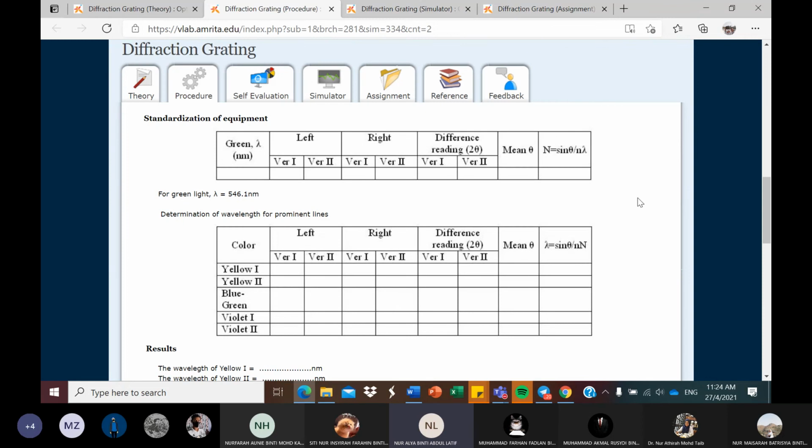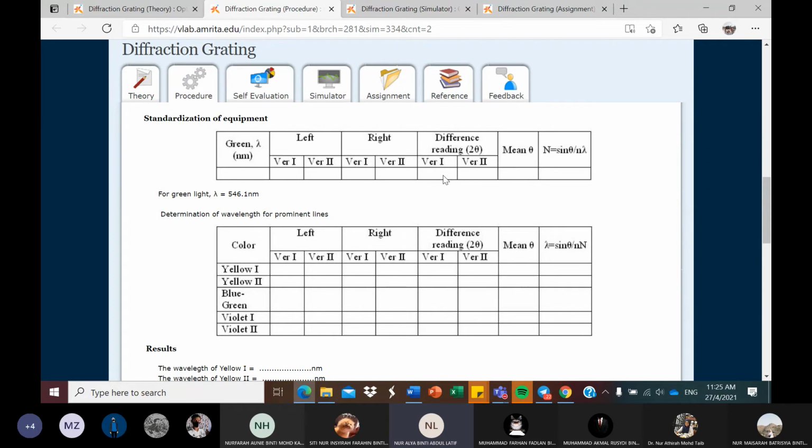For the lab report, you guys can plug in all the angles that you got from the experiment just now. Then for the difference reading to theta, for vernier 1, you can just add vernier 1 left and vernier 1 right, and that is the difference reading for vernier 1, because in diffraction grating we have two sides, left side and right side.